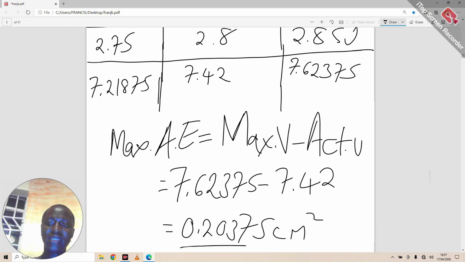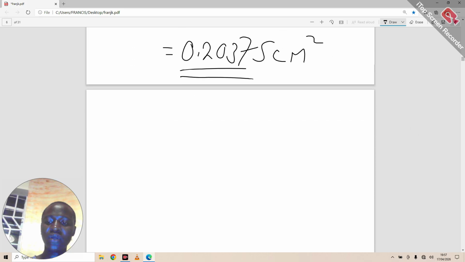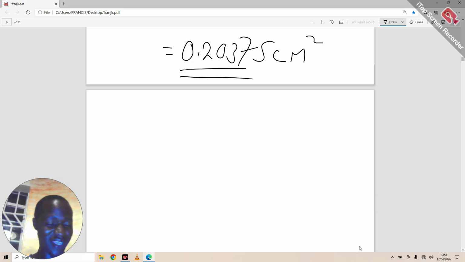So that is that. Let's look at another question. I have a very nice question here. Listen. The length and width of a rectangle measured to the nearest 5 millimeter are 15.7 centimeter and 8.9 centimeter respectively.